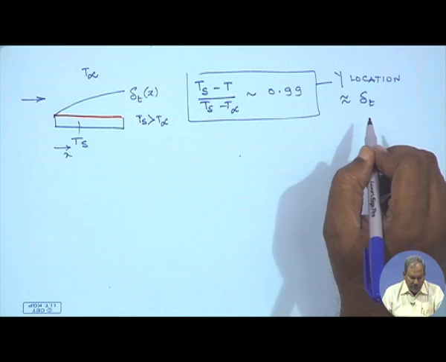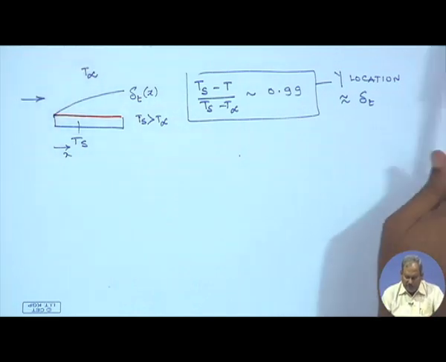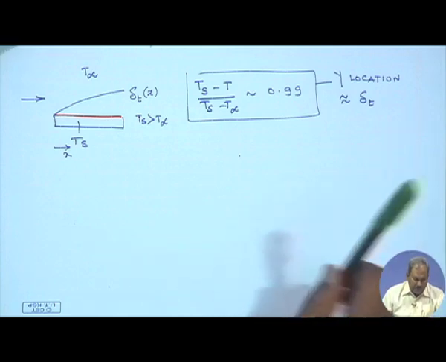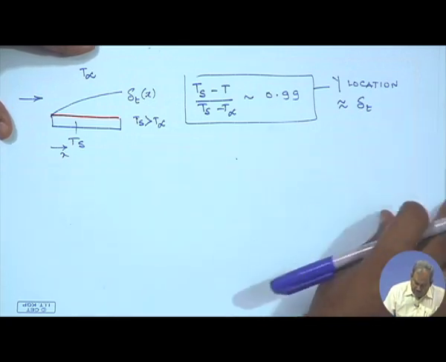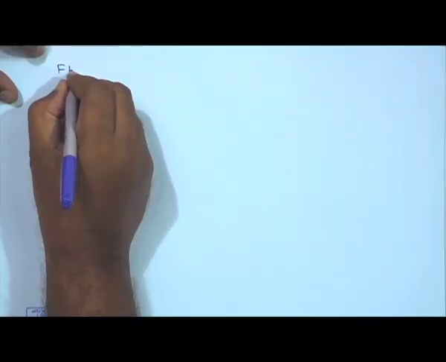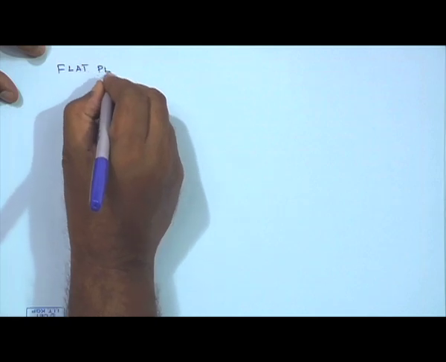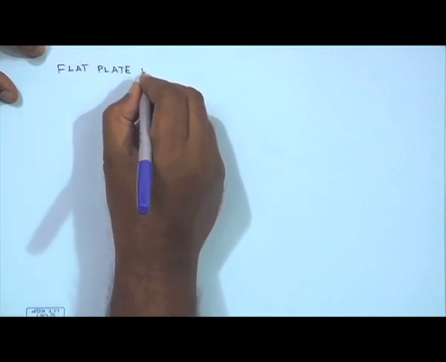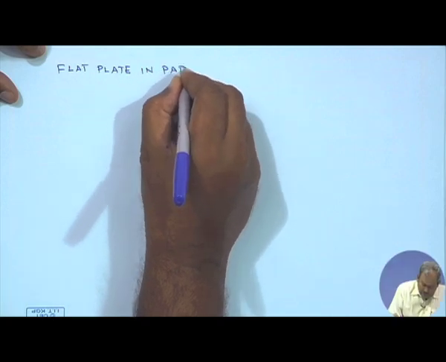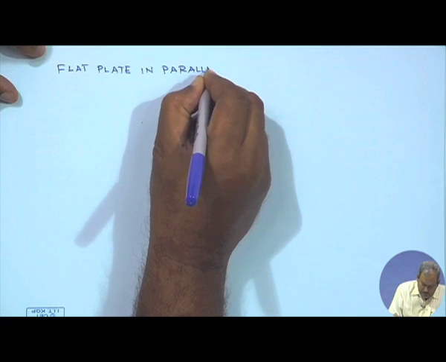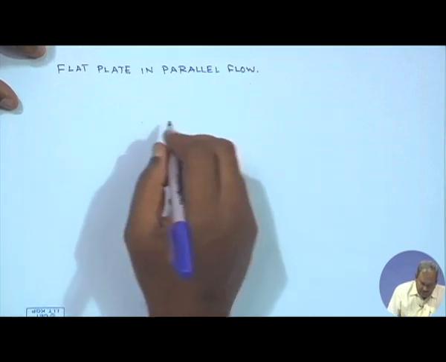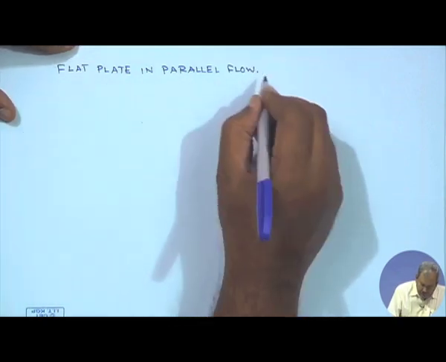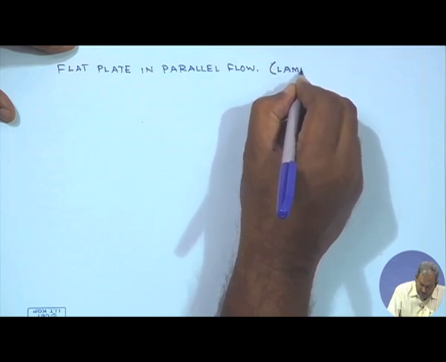Okay. So, we understand what the equations would be. We would start our analysis of a flat plate in parallel flow. We are going to consider first laminar flow only.